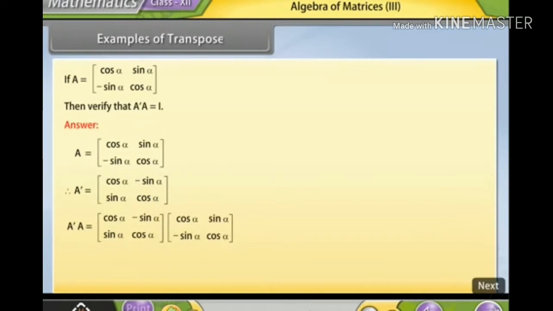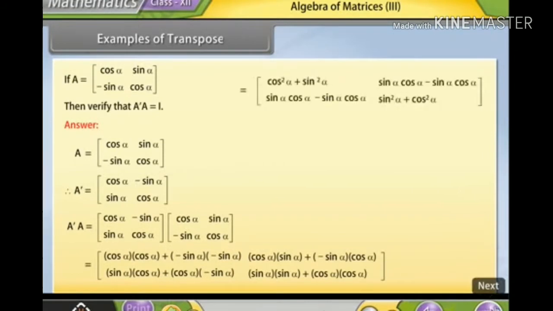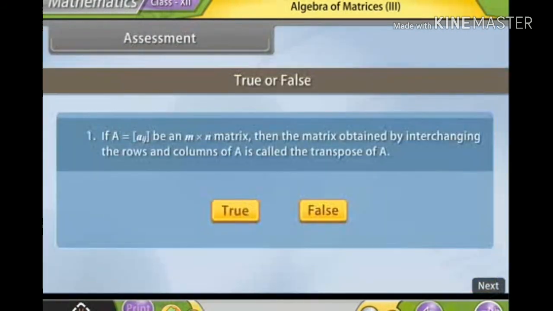Multiplying A transpose and A and solving, we get A transpose A is equal to the identity matrix, hence verified.